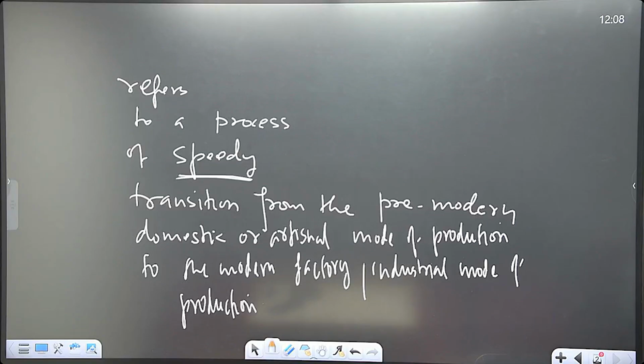Whatever limited industrialization there was, India still had a 10th rank in the whole world. A colony like India in 1947 had 10th rank. That simply means very few countries of the world have witnessed industrialization.